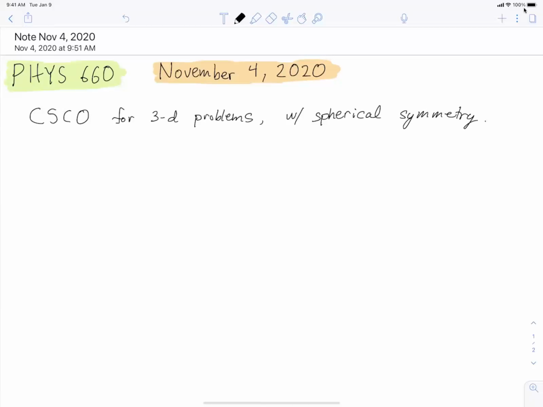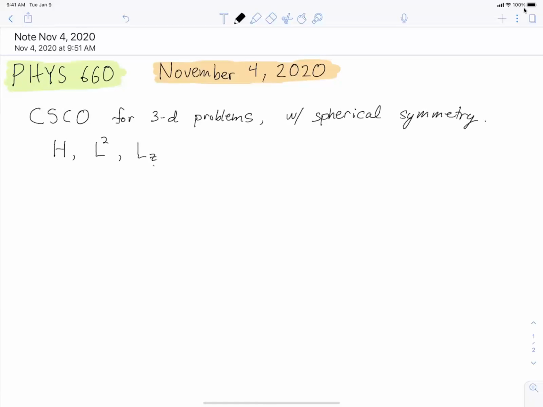Our complete set of commuting observables is going to consist of the Hamiltonian and the total angular momentum squared. Then we get to choose one of the three components of angular momentum because the others won't all commute with each other. So we choose that to be L sub z.